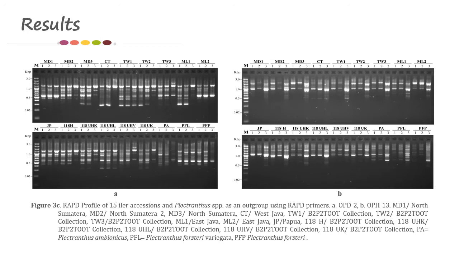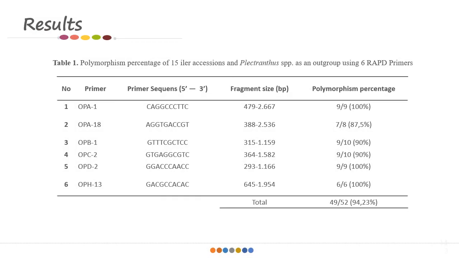Figure 3c shows the RAPD profile using primers OPD2 that produce 9 fragments and OPH13 that produce the lowest fragments, only 6 fragments with 100% polymorphism. Table 1 shows primers OPB1 and OPC2 generated the highest number of amplified fragments. Meanwhile, primers OPA1, OPD2, and OPH13 show the highest polymorphism, or 100% polymorphism percentage.